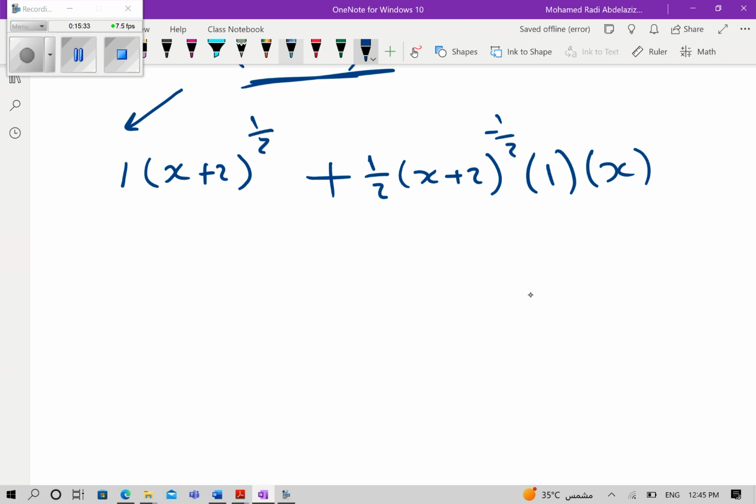How can I simplify this expression? It's (x plus 2) all to the power of half and (x plus 2) all to the power of negative half. Which will be common?